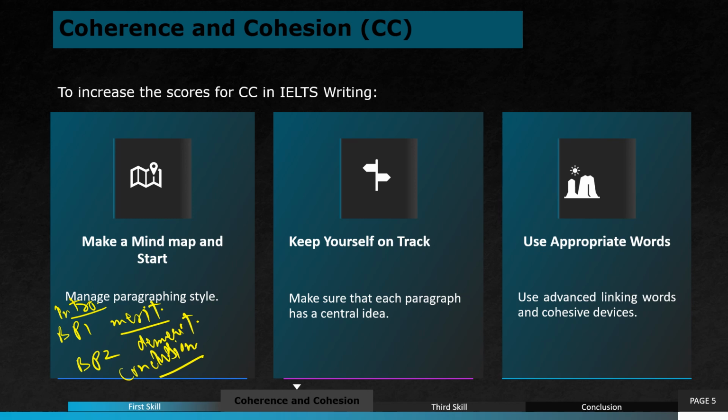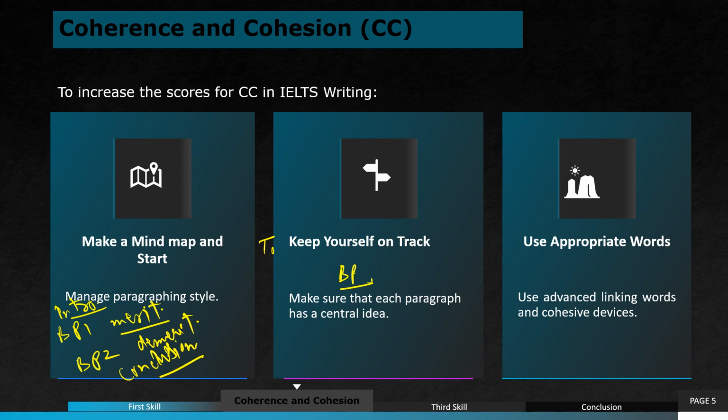So this is called your mind mapping: thinking in your mind how you are going to structure the complete essay. Next is keep yourself on track. What you need to do is reread the statement again before starting each BP.